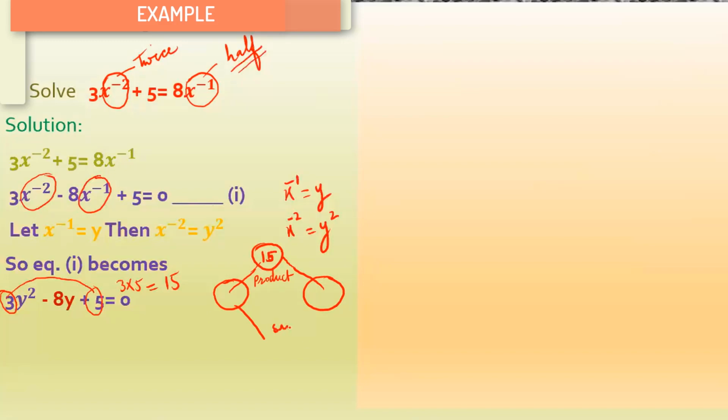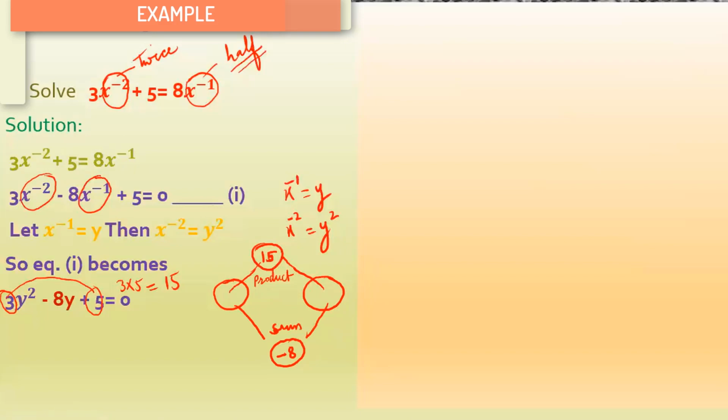And whose sum needs to be equal to minus 8. What will be the numbers? Well, I think you can understand easily. You need to think about two numbers, right? These are the two numbers. What will be the numbers?